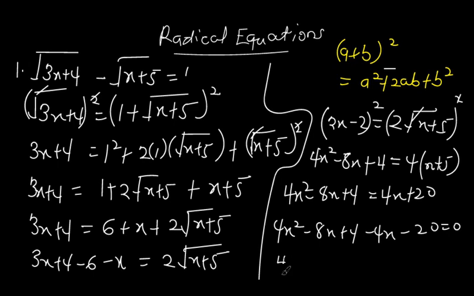So we have 4x squared, minus this and this will give us 12x. Then we have minus, now positive 4 minus 20 will give us minus 16, so it's equal to 0. So let me get rid of this.